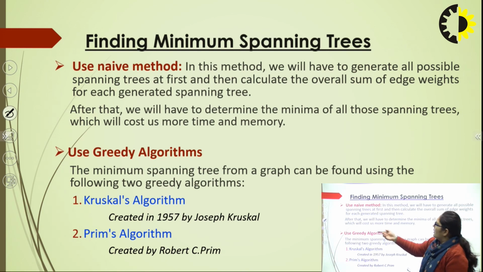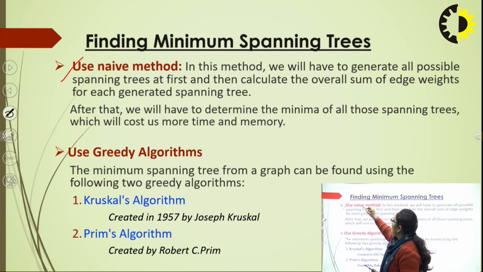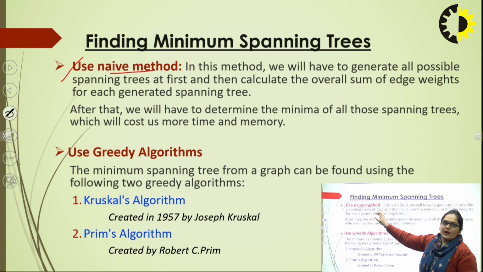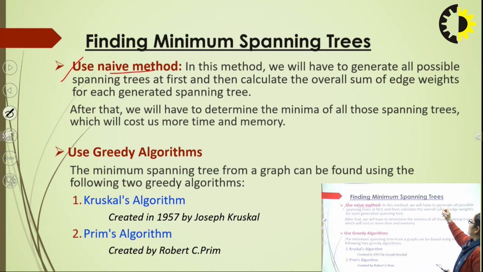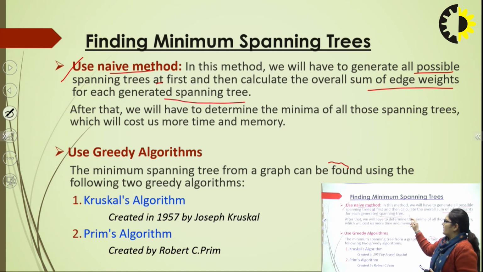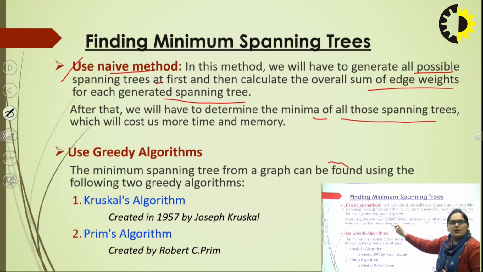So till now we have discussed the basic or naive method. What we did in this method: we first generate all the possible spanning trees, then calculate the overall sum of the edge weights for each generated spanning tree, and after that we have to determine the minimum of all those spanning trees, which will cost us more time and memory.